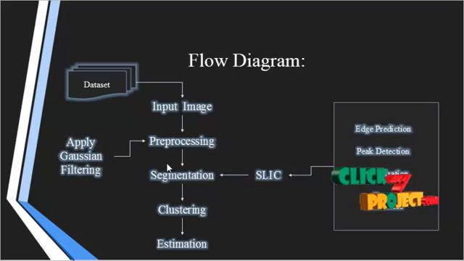Then the segmentation is finished. Then the clustering is applied to the segmented image. After the clustering, we segment the regions like the urban region or rural region. Then the estimation is carried out to see whether the segmentation is efficient or not. By using the estimation part, we justify whether the segmentation is correct or not.